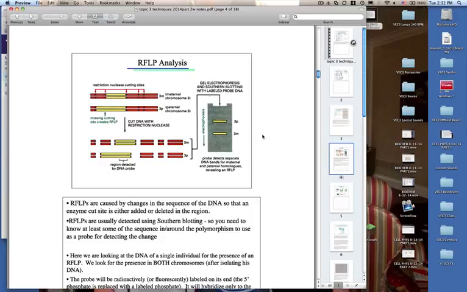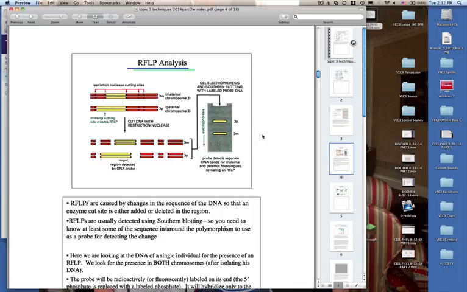So if you restrict this person's DNA and you run it out, you're going to detect a larger fragment for their paternally inherited chromosome, and, God, my brain's not functioning today, a smaller fragment for the maternally inherited chromosome.